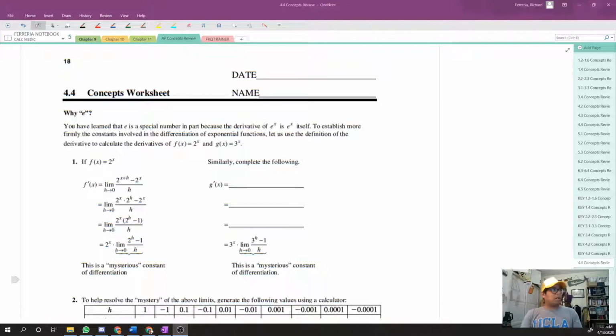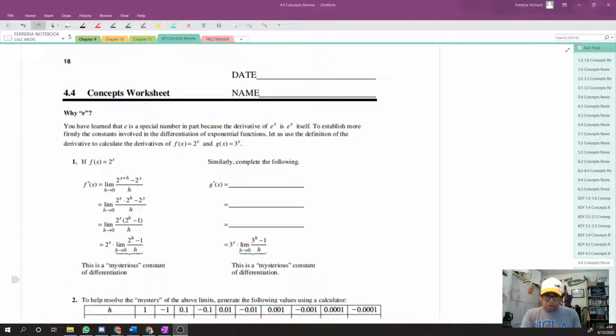So first of all, you already know about e, and that the derivative of e to the x is e to the x. So we're going to try to figure out the derivative of, for example, 2 to the x or 3 to the x. If you look at number 1, let's suppose f of x is 2 to the x.